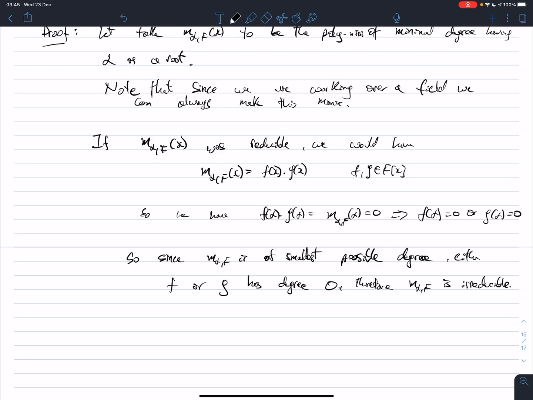Remember that for it to be irreducible, it means that if it factored, one of the two things would have to be an element of degree 0. Great, so this middle polynomial is irreducible.